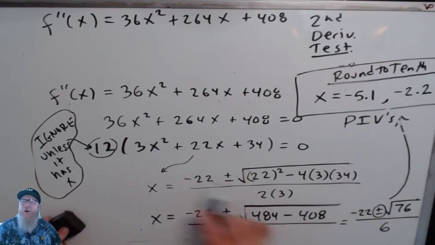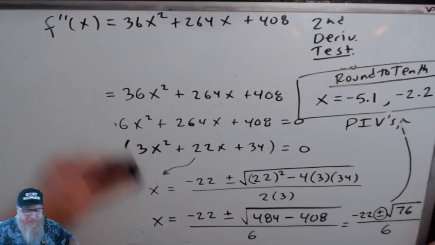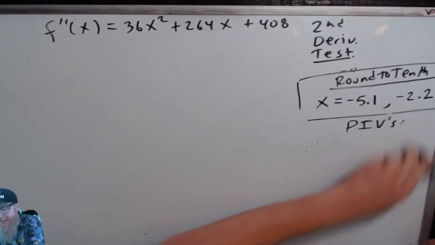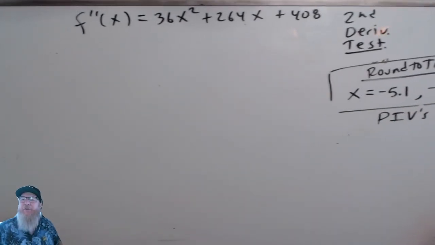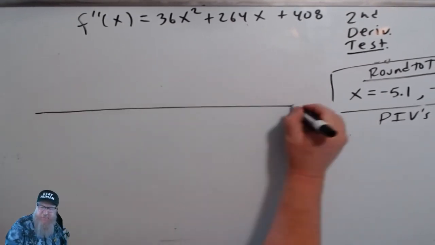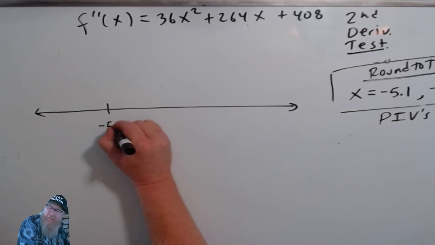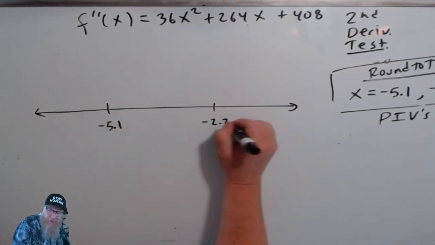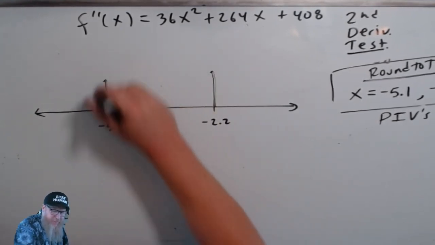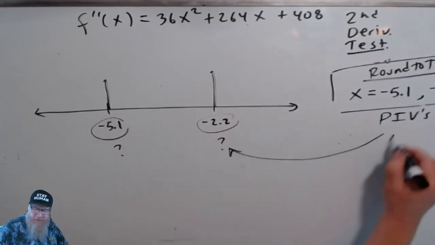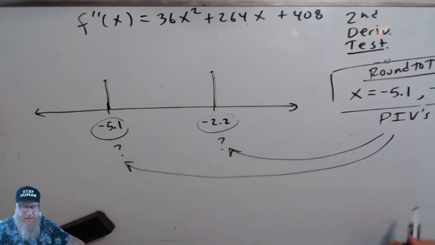Because this one was so messy, I'm just going to stick with the original. Sometimes the original is cleaner than all of the subsequent versions that come along in your testing process. So I've got negative 5.1 and negative 2.2. Those are my possible inflections. I don't know. I'm going to test them here.